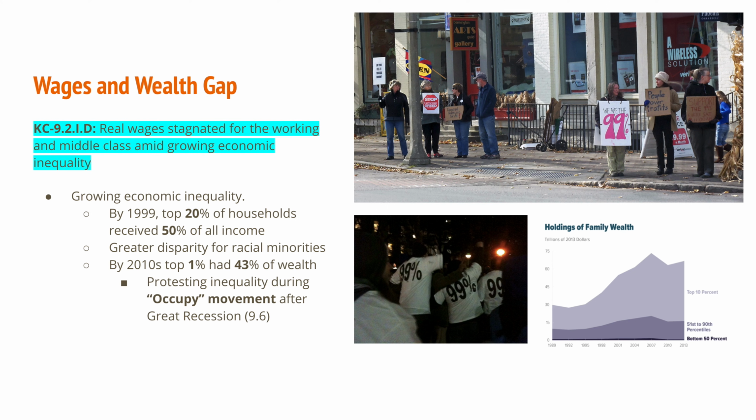The people who were at the bottom end of these income disparities began to call for greater government action on this economic inequality. So you can see here that they call themselves the 99% because the 1% of the population had so much more of the nation's wealth and the nation's income.